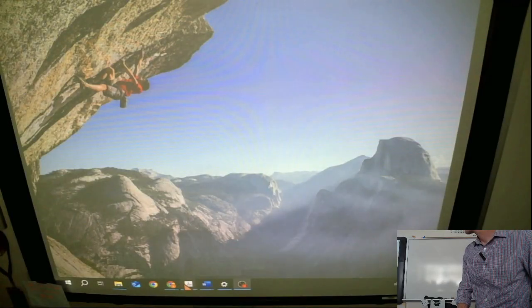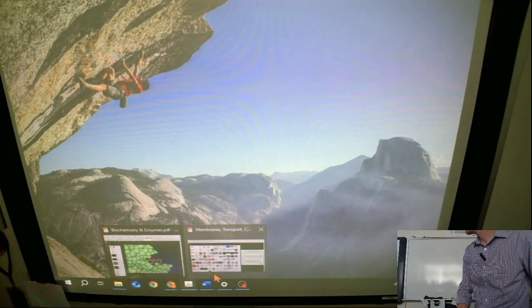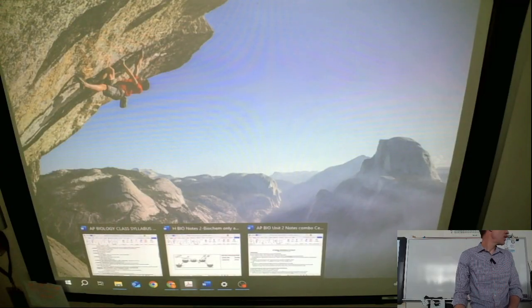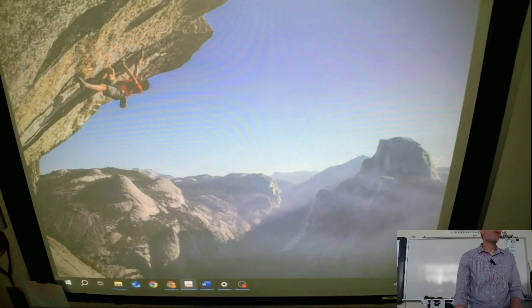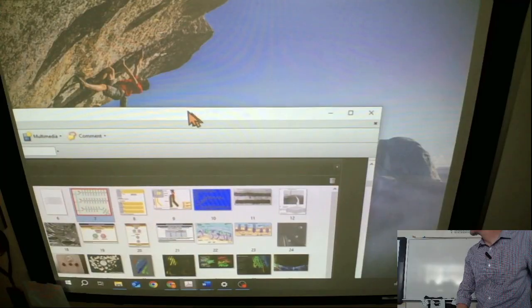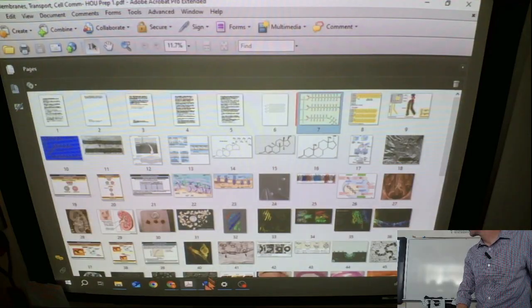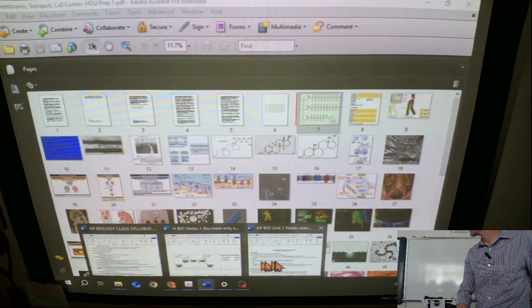So for us, we are picking up where we left off. If you have your notes with you, get those out. The notes look like this.